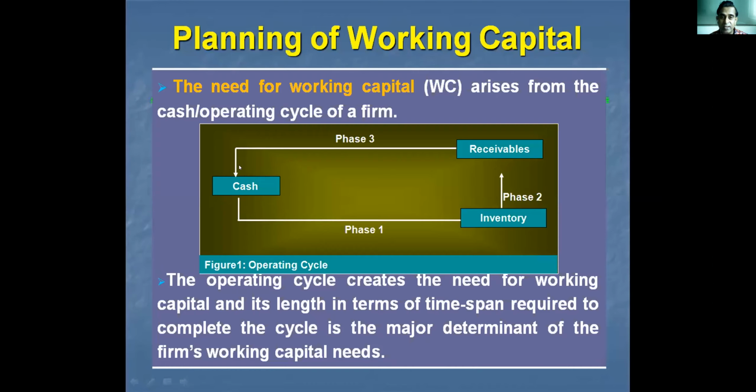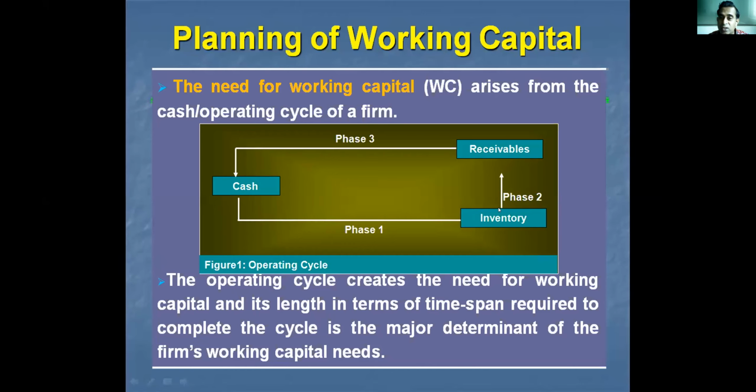So what we see here is one operating cycle of a company. Phase 1: the company purchases raw materials from the supplier of raw materials. We call that inventory. Using that inventory, they manufacture finished goods, and they also hold inventory of finished goods until it is sold to customers.